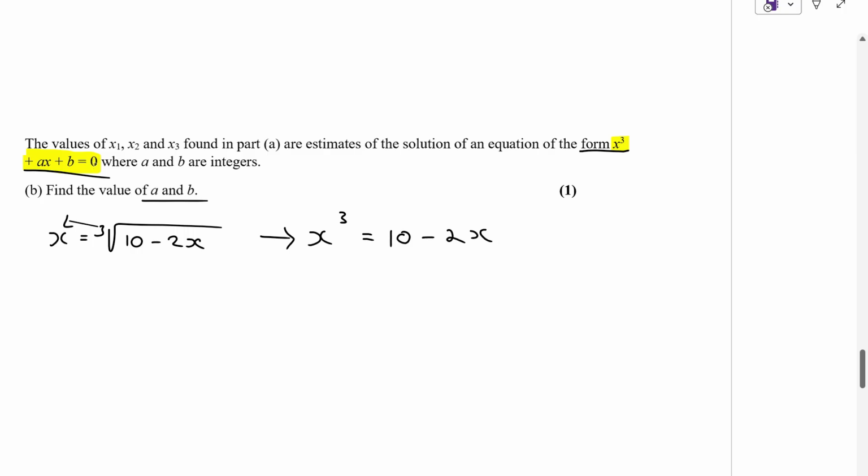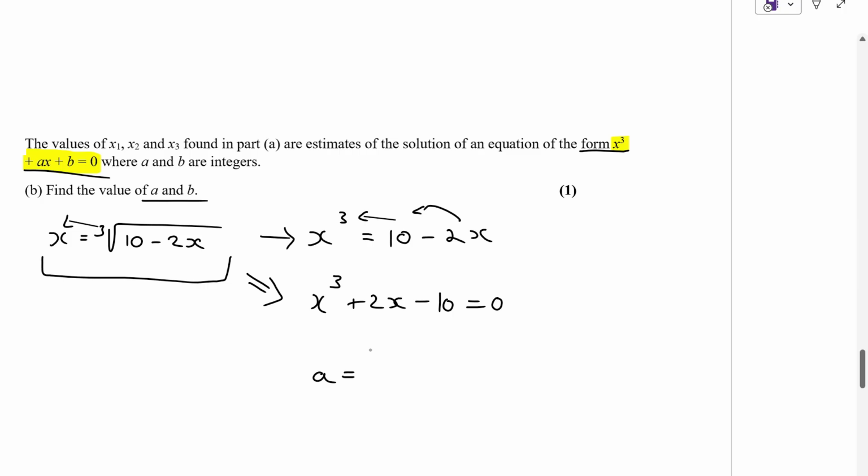And this equation that we're trying to find equals 0, so we're just going to take everything over. So x cubed plus 2x minus 10 equals 0. So we've effectively rearranged the iteration formula from part A into this, which is in the same format that they're wanting. So here a equals 2 and b equals minus 10.